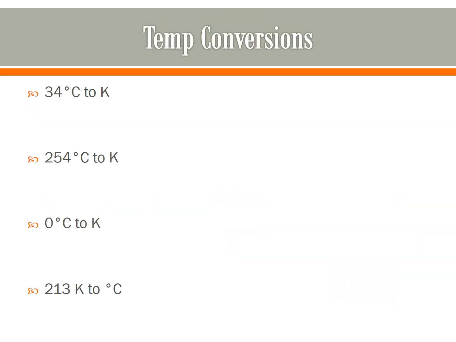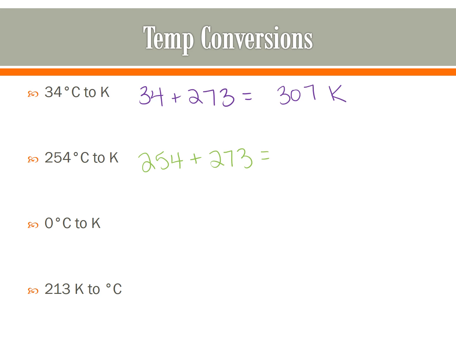All right, so let's do some converting. I want to get from Celsius to Kelvin, so I do 34 plus 273. That's all I have to do. It's that easy. I get 307 Kelvin. All right, try the next one. 254 Celsius to Kelvin. Add 273, which is 527. 0 degrees Celsius to Kelvin. 0 plus 273.